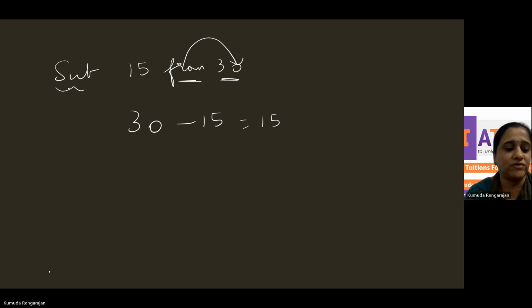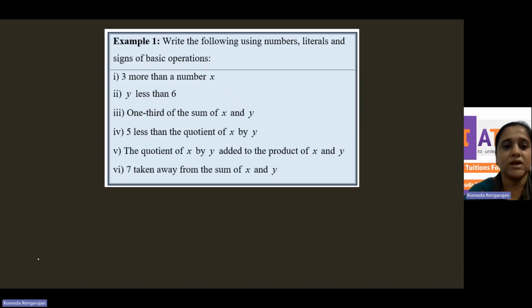In the same way, whenever you see the words more than or less than, whatever comes after that should be written first. So more than X, X should be written first. And if it is more than, it is addition, 3.